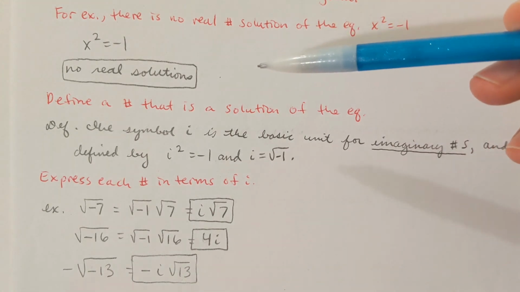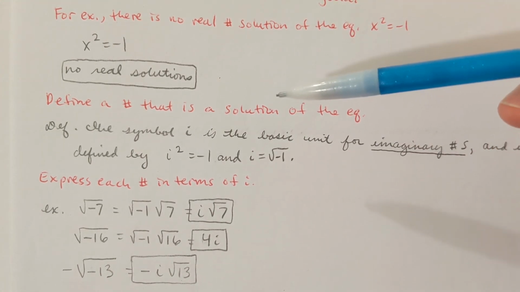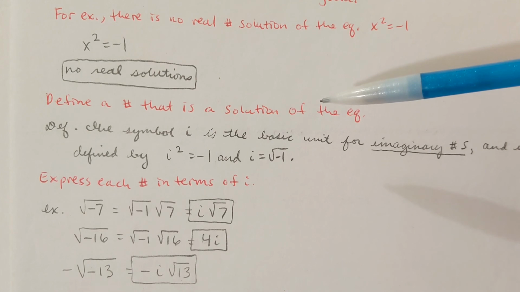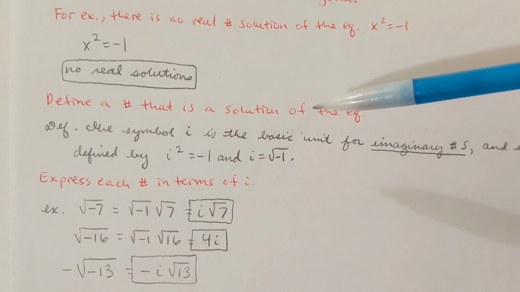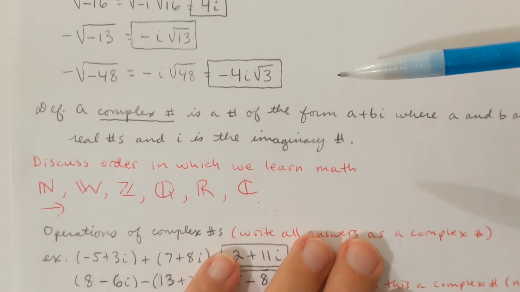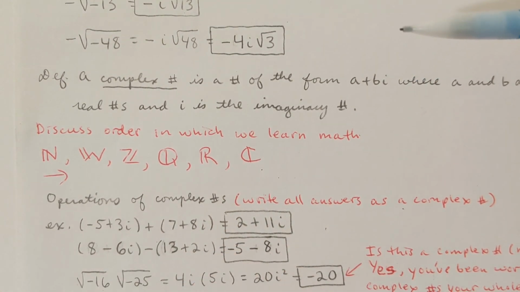It's just like if I had 3x equals negative 1. x is equal to negative 1/3, right? But I gotta know what a rational number is. If I don't know what a rational number is, then I can only say that there are no integer solutions. But no integer solutions doesn't mean no solutions. It just means that the numbers are not integers.